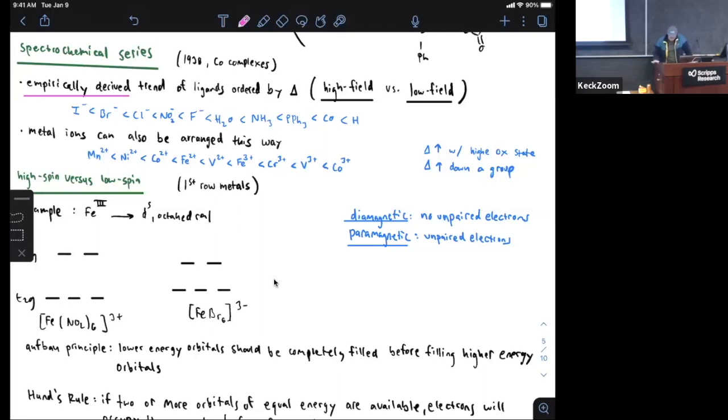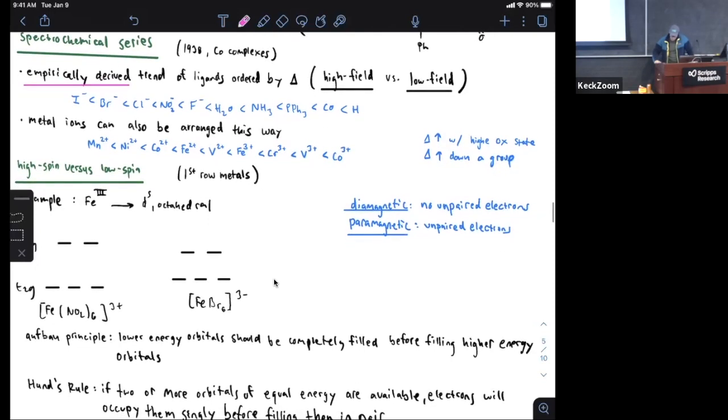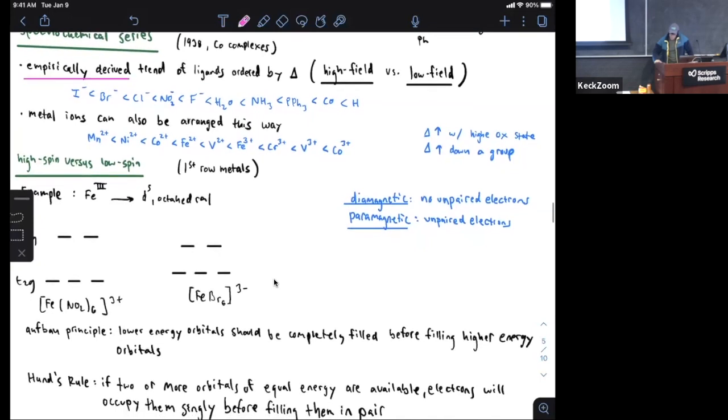There are some exceptions to the rule, and the key point here is to just have a general sense of the trends involved. The original characterization of the spectrochemical series was in the 1930s in the context of work on cobalt coordination complexes. You can get a flavor now for how important cobalt coordination complexes are in the history of organometallic chemistry.